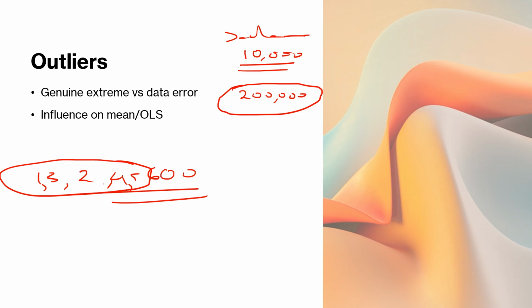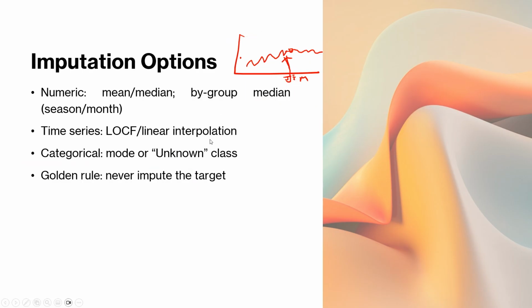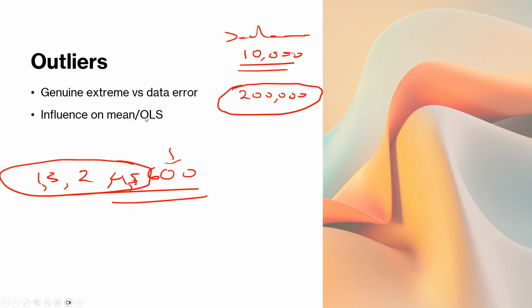So you could say that the average would be 3. But just because of one single outlier, that average of 3 will be distorted completely and you will get a very big value. So outliers affect your mean, even your ordinary least squares method, and many other models, and it is good that we deal with them.